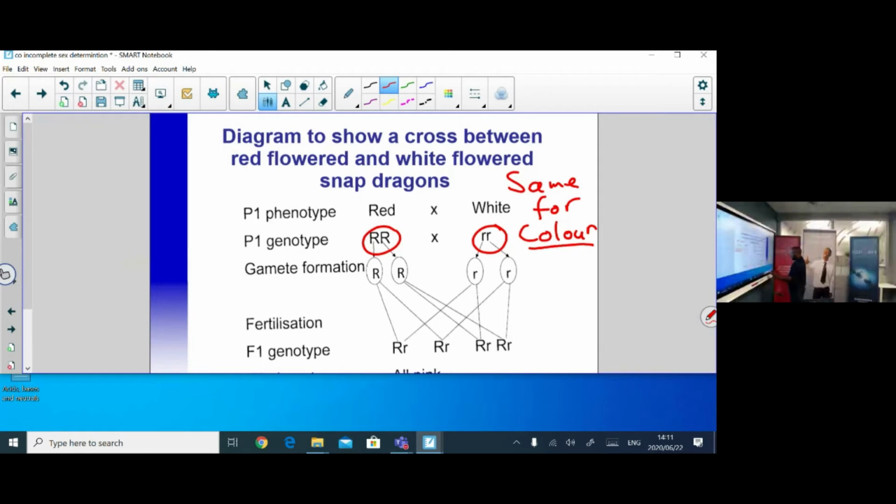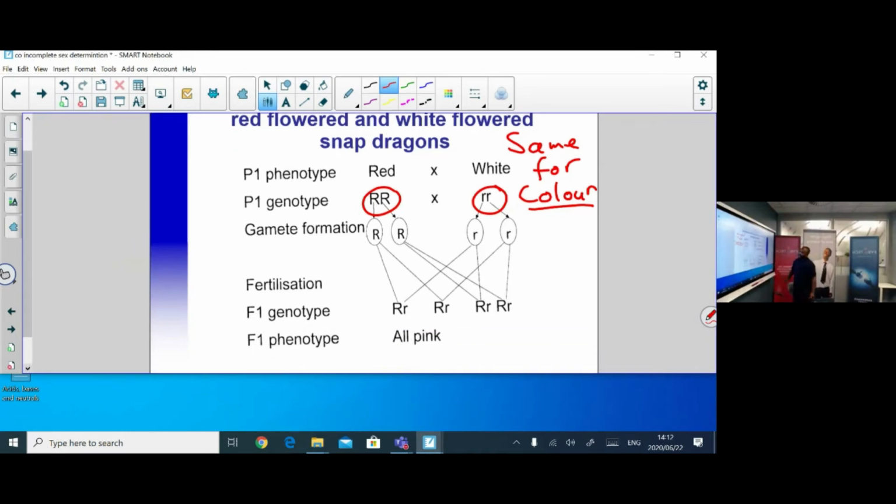I did emphasize that. And it's a heterozygous condition of all pink.